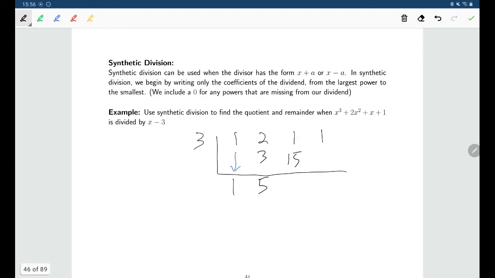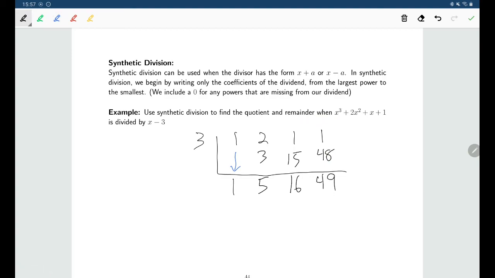And then we add 1 and 15, that's 16. We multiply 3 times 16, that gives us 48. And then we add 1 plus 48, which gives us 49.